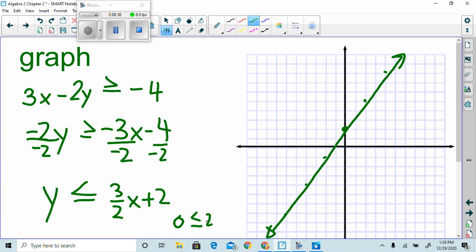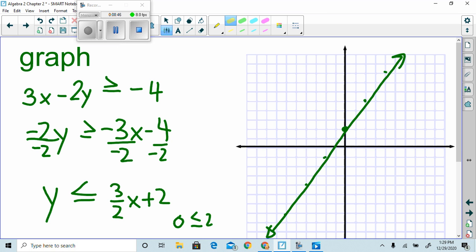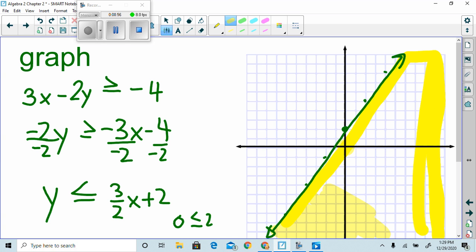Finally, a true one. So that's true. That means that I'm going to shade everything that includes the origin. Well, if the origin is right here, I'm going to shade everything that has that origin, including that. And all these points are possible solutions.